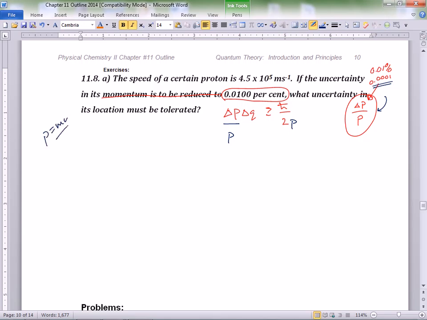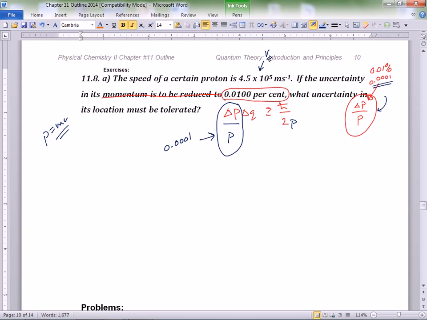And that's why I'm comfortable dividing both sides by P. It seems like I introduced a whole new variable, but I didn't. First, this part we said was 0.0001, right? Then that P was just m times v, but they told us the v part.